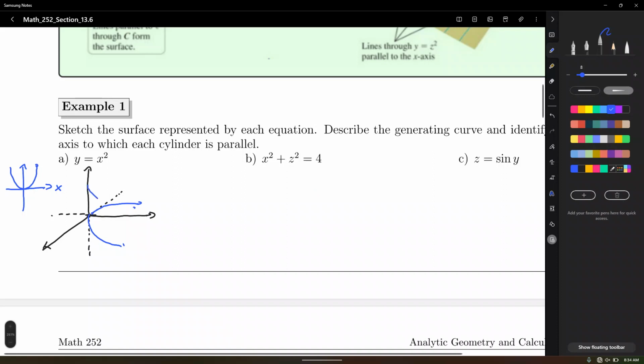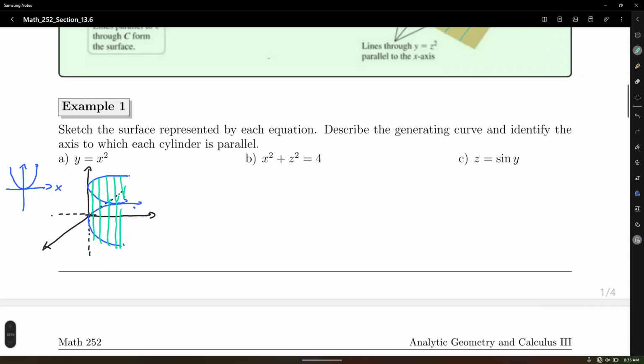I'm going to draw another parabola like this, and I'm going to draw these lines to create the cylindrical sheet. So that's one example of how we plot this in 3D. Let's do another one.